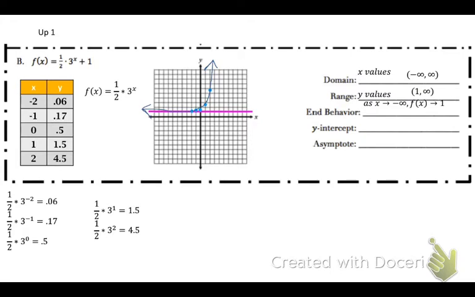And as x goes to positive infinity, f of x is going to positive infinity, so the right side of the graph. My y-intercept here, if you don't know for sure, just go back to the original and plug in 0 for x. So that's 1/2 times 3 to the 0 power plus 1, which equals 1.5. So it's going to be 0, 1.5. Now my asymptote, same as whatever's on the range, so it's going to be y equals 1.